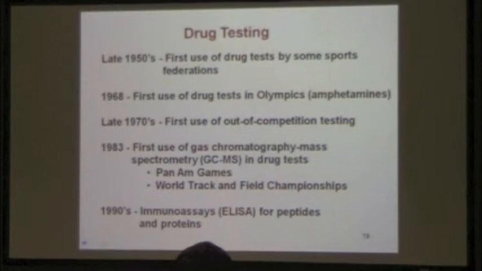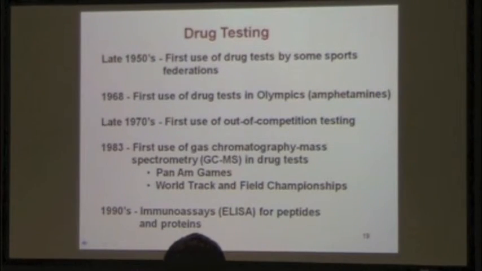And this was, in a sense, a great success because they were able to determine specifically what specific athletes took and report that to them. And everything changed after that. GC mass spec became the gold standard for determining the presence of drugs in urine right after that.